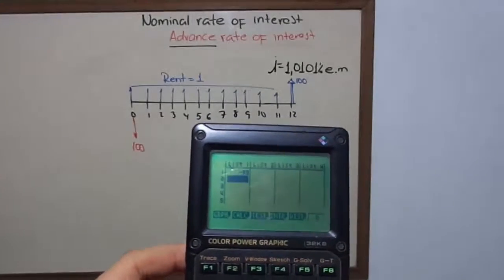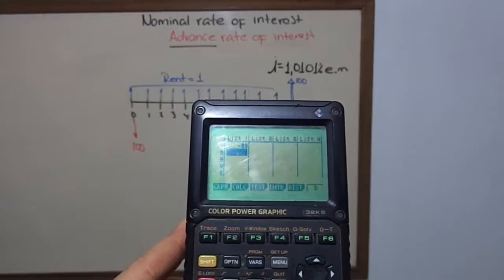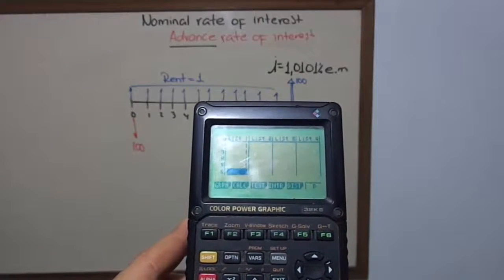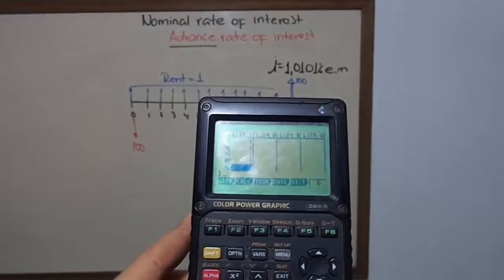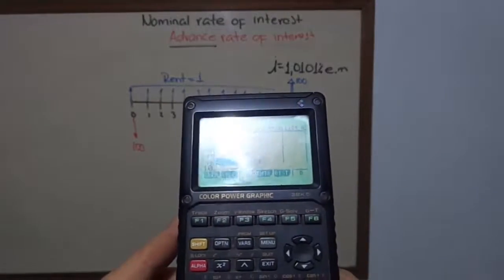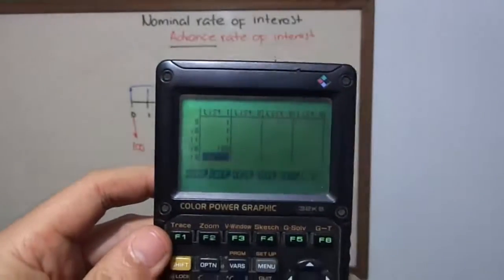I hope you can see this. And for the rest of the periods, but in 12, you get 1,000. So 1, 1, 1, 1, 1, 1, 1, 1, 1 for 11, and for 12 you get 100, right?